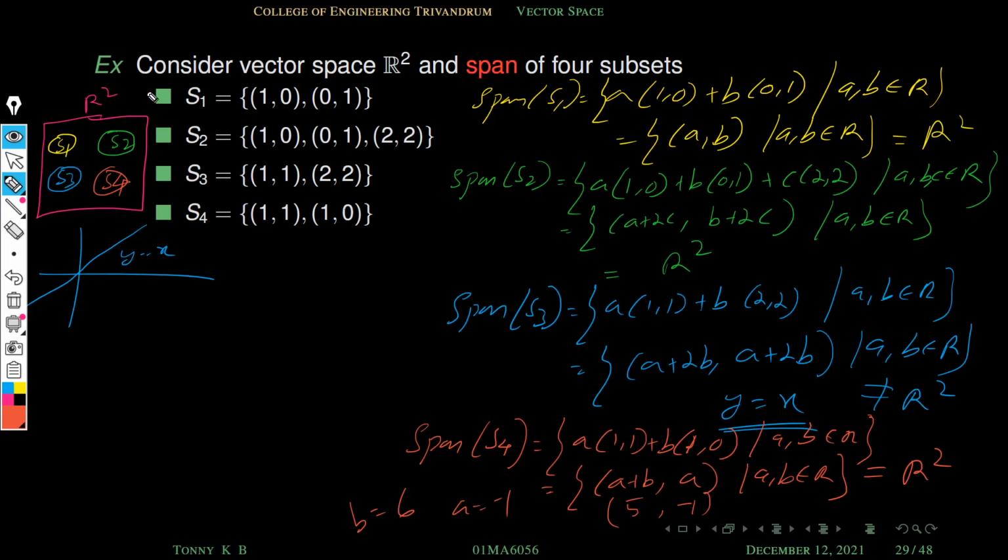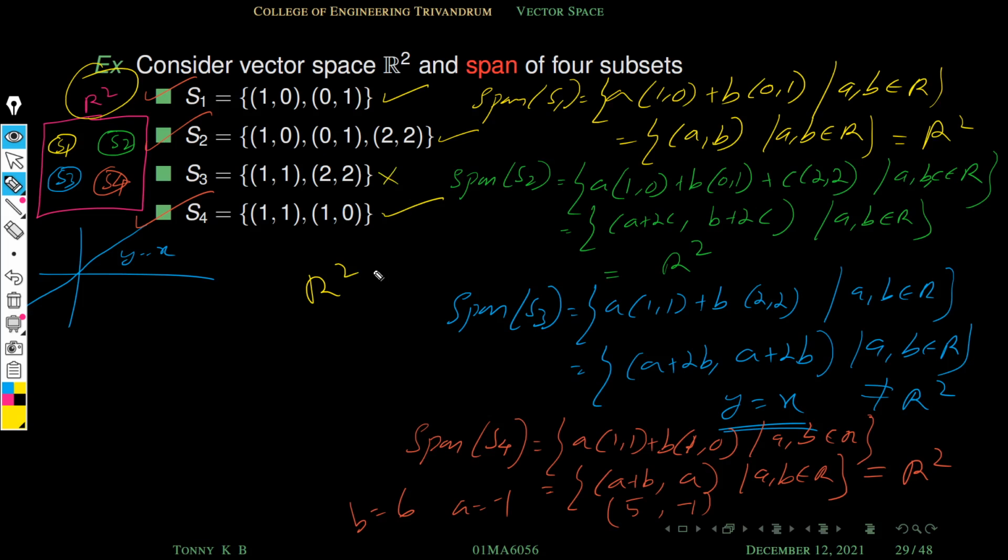Anyway, S1, S2 and S4, these three sets are spanning sets of R square. That means we can generate our entire R square using S1, S2 and S4. The span of S3 is not equal to R square, so this is not useful for representing R square.